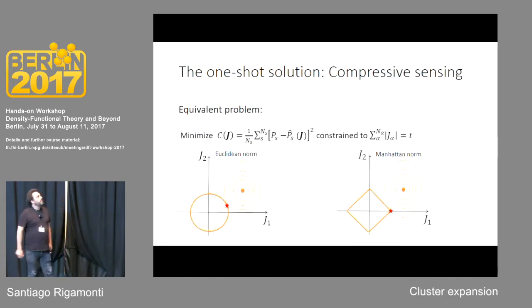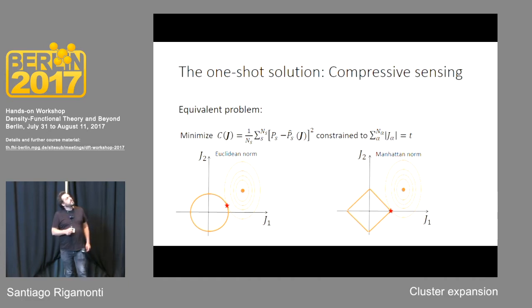This problem can also be represented mathematically in a different way, as the minimization of the mean square error constrained to this condition, that the sum of all the norms is equal to some number.